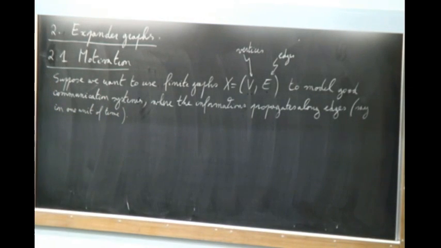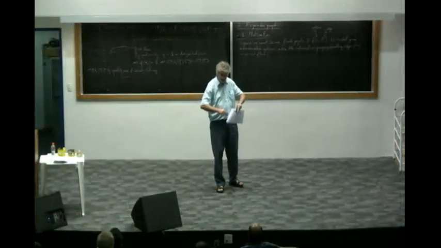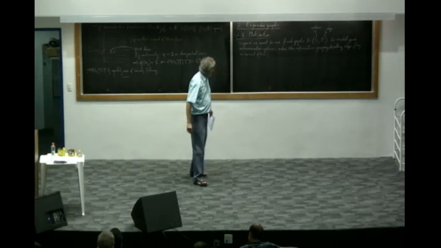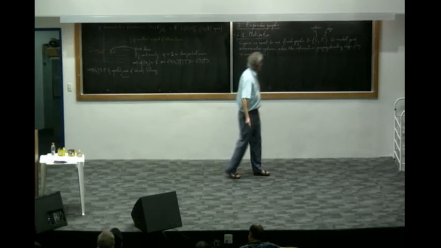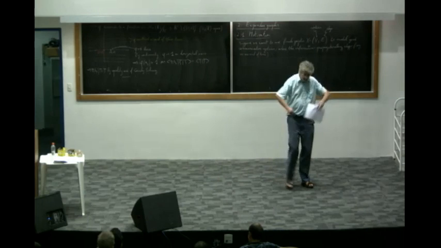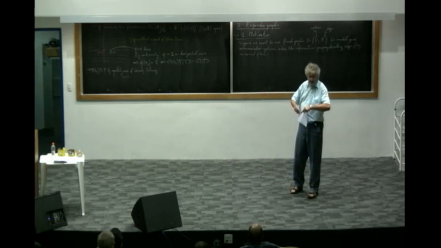So at the beginning, at time 0, some vertices have some information, and then they start propagating the information along the edges, and you want the information to be propagated as efficiently, as quickly as possible.